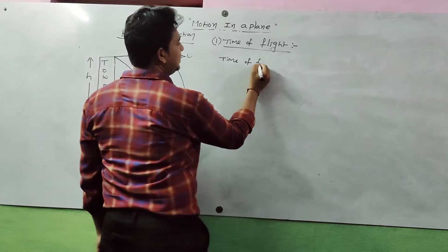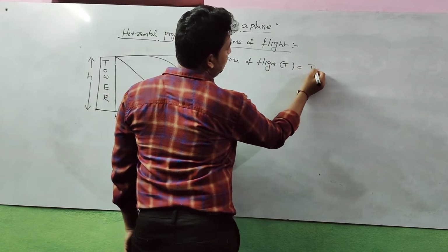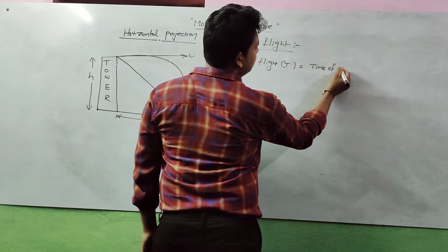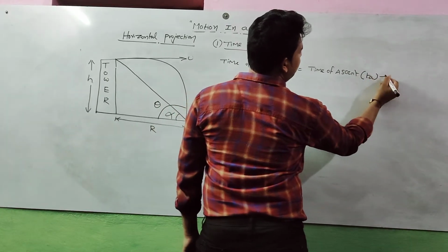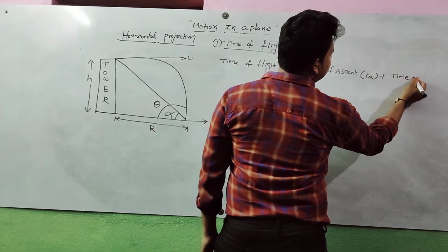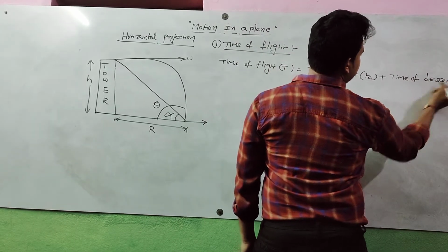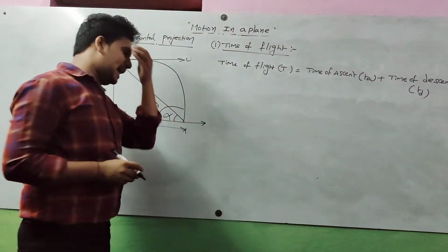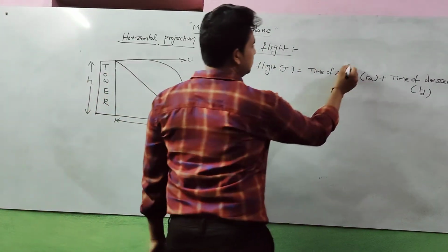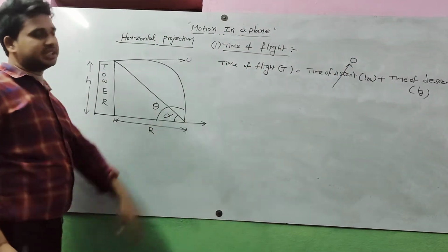Time of flight t is equal to time of ascent ta plus time of descent td. But here time of ascent tends to 0 because there is no upward projection here.